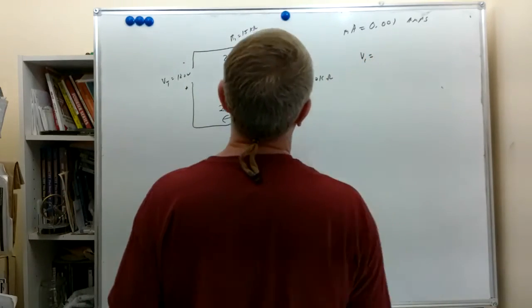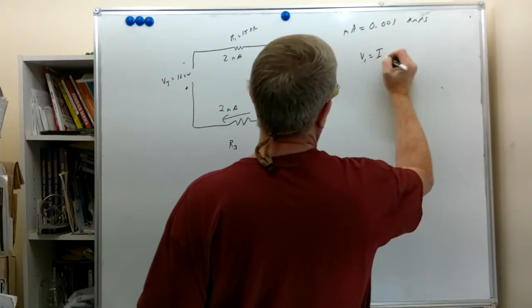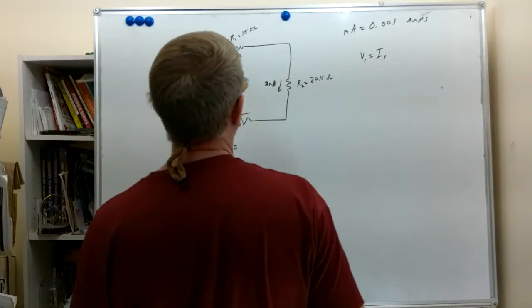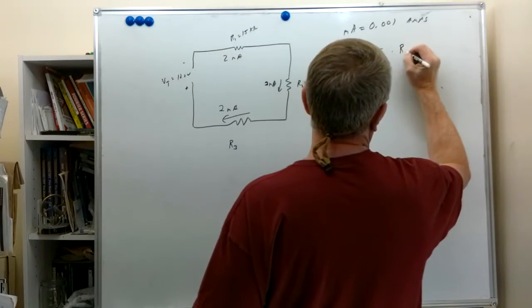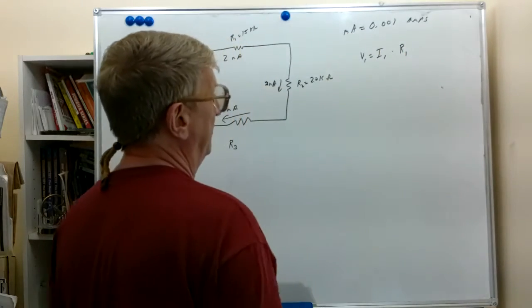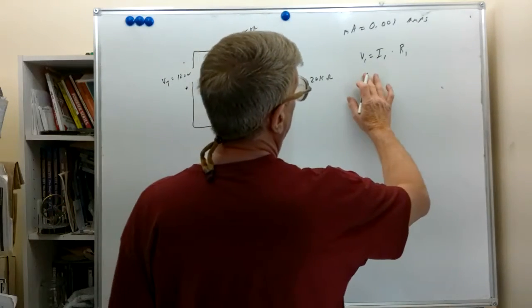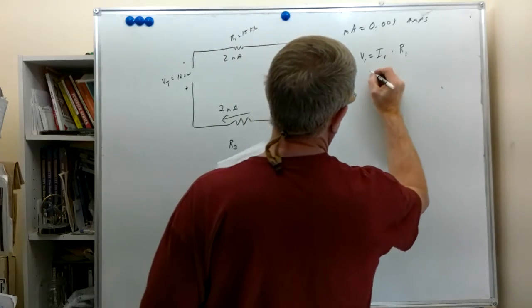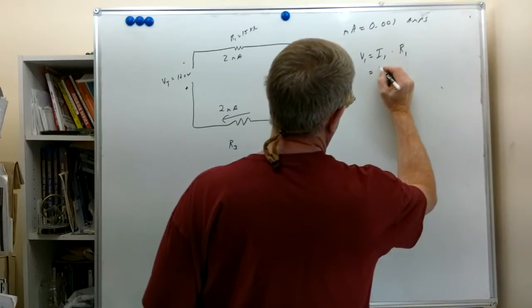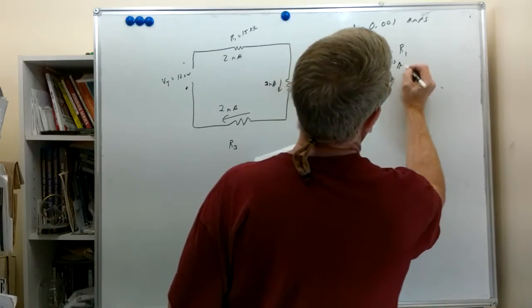V1 will be I through resistor 1 times R1, the value of it. Well, we have 2 milliamps, which we could also call 2 times 10 to the negative 3 amps.